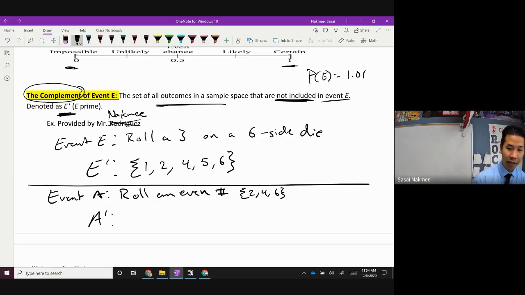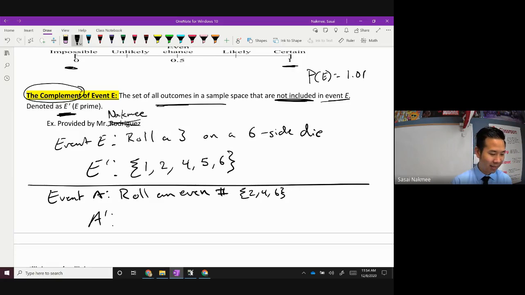What's the complement of event A? Anyone have any ideas? What's the opposite, pretty much, of rolling an even number? What do you guys think? Complement of rolling an even number. Hope you guys can figure it out.